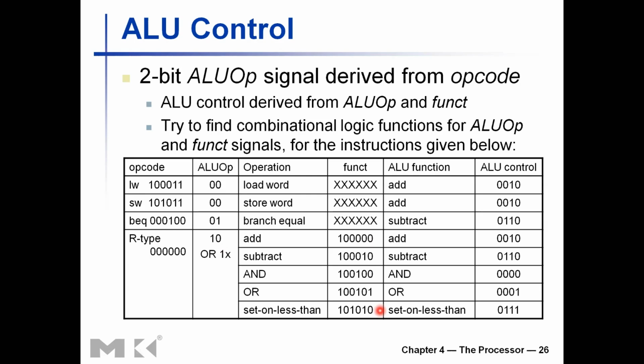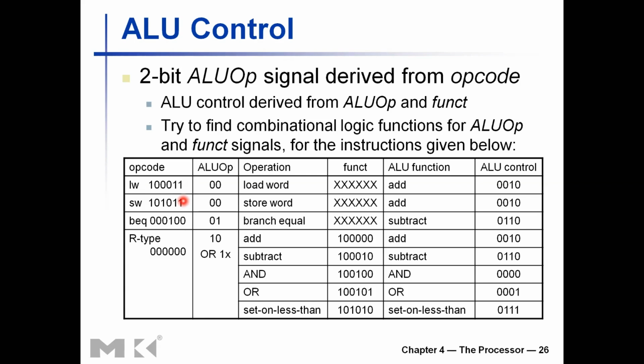I would recommend that after the lecture you try to come up with combinational logic functions to generate these signals. For example, for the ALU op signal, you have 2 bits, so these 2 bits are the outputs. Inputs to your logic function are these 6 bits of the opcode. Keep in mind, we are only talking about a subset of instructions, so you can only use these particular opcodes. But if you're talking about all possible instructions, you have to consider all possible opcodes available in the ISA.